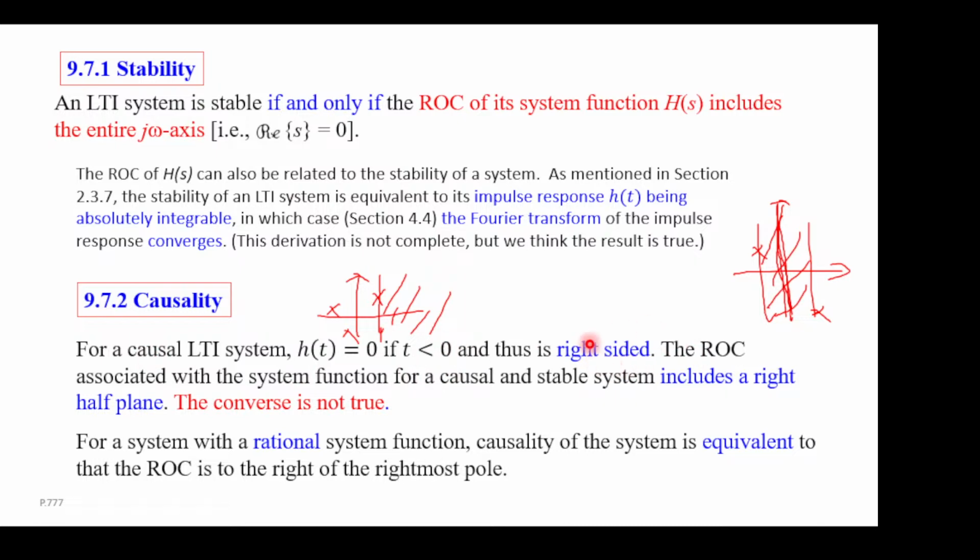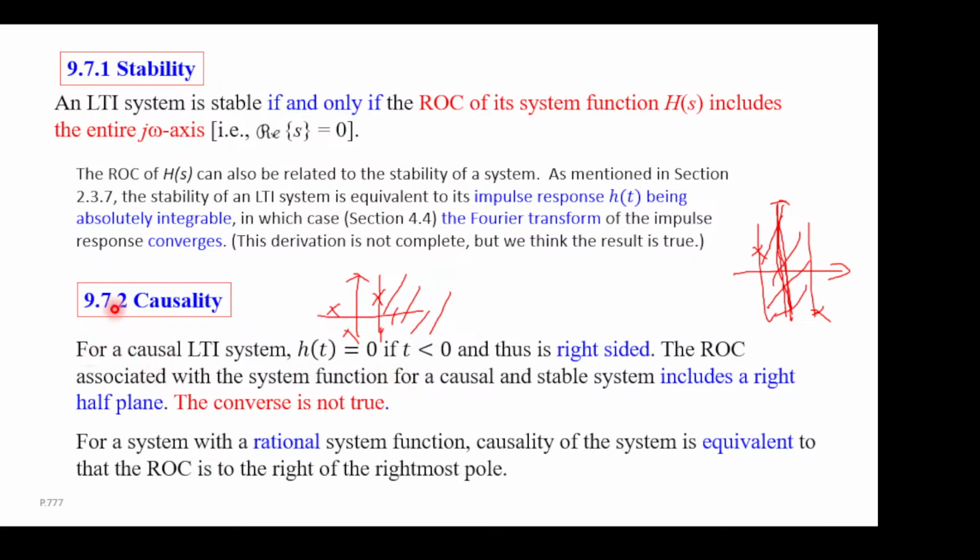And if you remember the property of ROC we talked about, since small h is right-sided, big H should also be right-sided. Here we just have a different name for right-sided: it means the ROC includes a right half plane, extending to right infinity. But very important here is that the converse is not true.